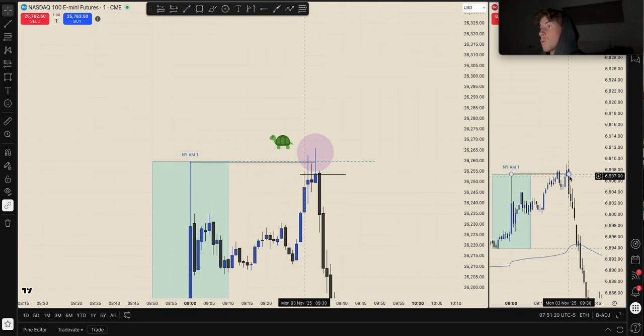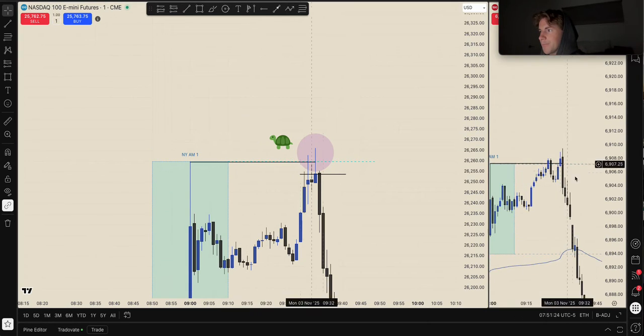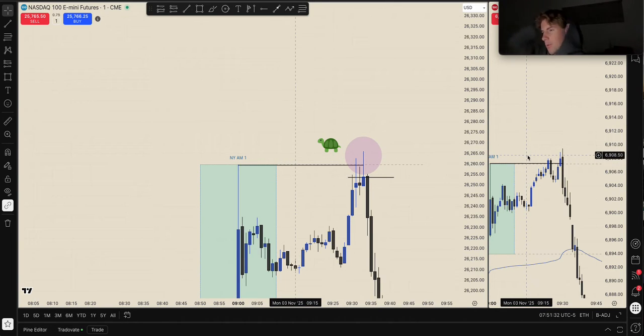this was a liquidity sweep. So, turtle soup, liquidity sweep. You get the point, right? You get what I'm getting at. So you get the difference. One wicks and closes below.